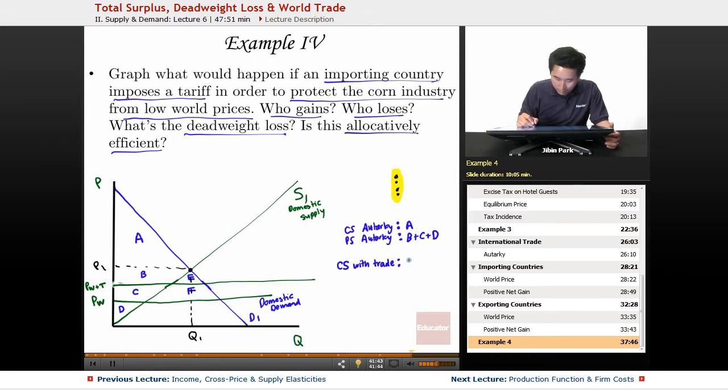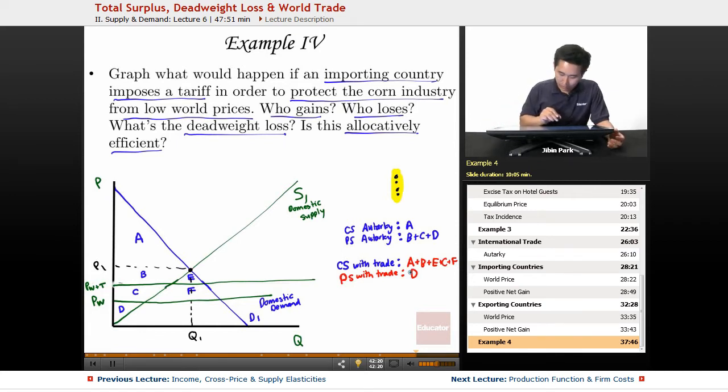What you have is the consumer surplus is going to be A plus B plus E plus C plus F. The producer surplus with trade is you just have D. Okay, so you definitely help out the consumers, but understandably the producers are harmed, and so the government might want to step in and help out an infant industry, so to speak.